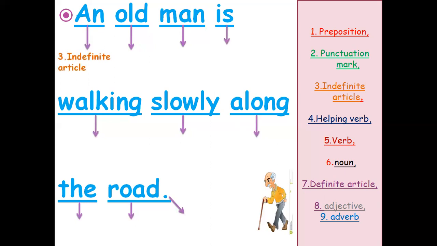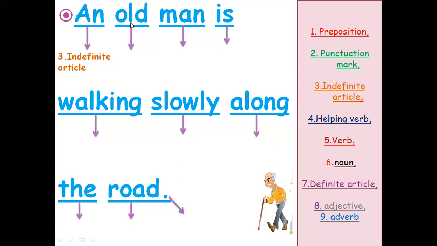In English grammar, we talk about articles, not newspaper articles. In English grammar, we can divide articles into 2 parts, indefinite articles and definite articles. Children, basically there are only 3 articles in English. So this word an is indefinite article.